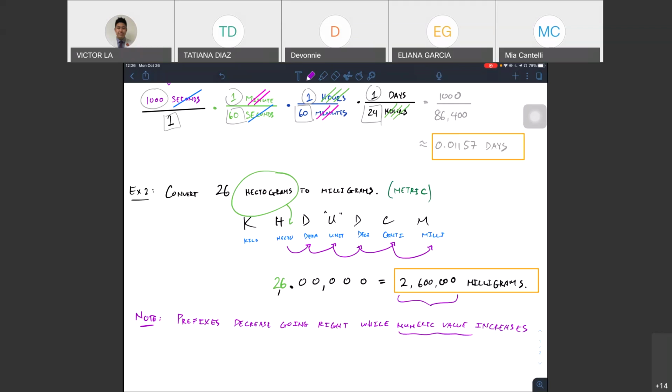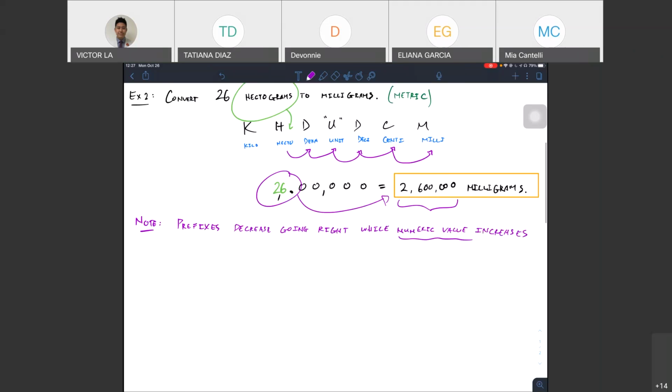You see how we went from 26 to 2,600,000, right? It's not a different amount of grams. It's just a conversion of the same amount of information. And then you can say the same thing as well. Prefixes, let's write it in blue or navy.